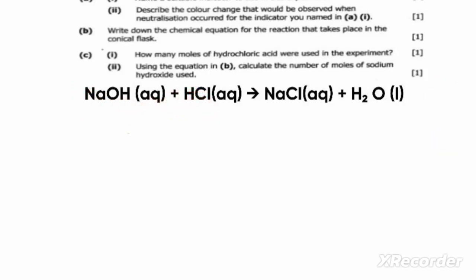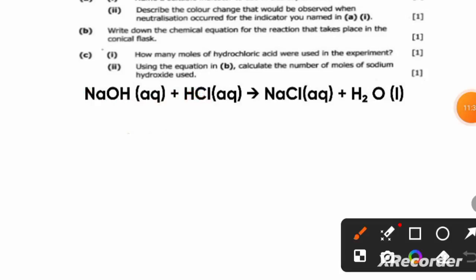The ratio is 1 to 1 according to our balanced chemical equation. By the way, the equation is self-balanced, so there is no need for us to start balancing this chemical equation. The equation is balanced.